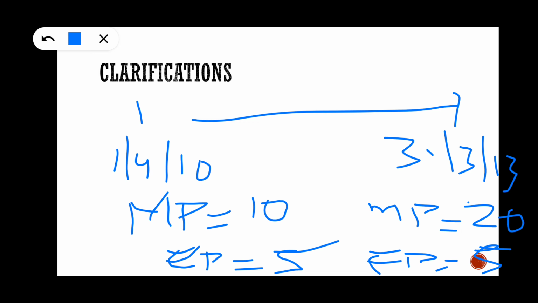So he is asking whether to recognize this 20 or whether to recognize this 10 minus 5.